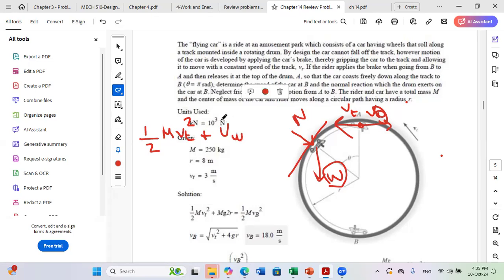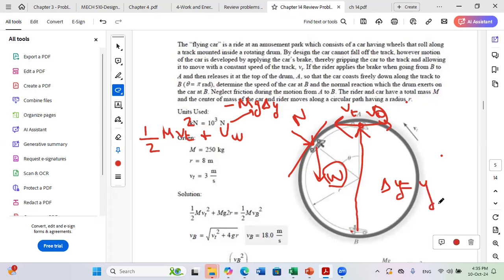I use the formula. Work of weight is minus mg delta y, if I consider the y axis to be positive upward. Delta y is y final minus y initial, so it's YB minus YA.